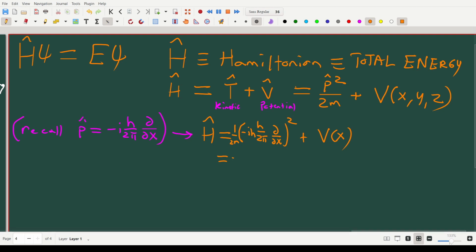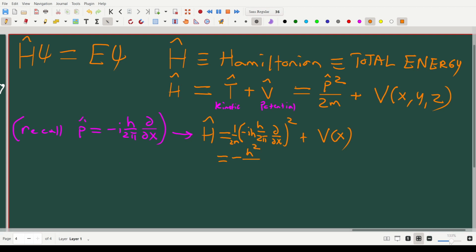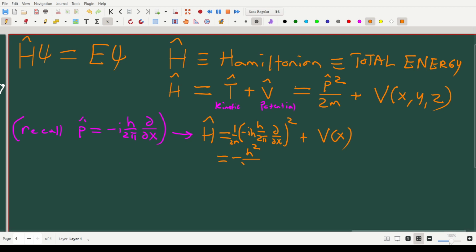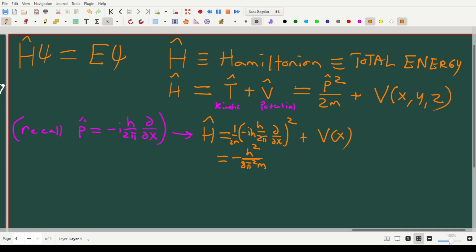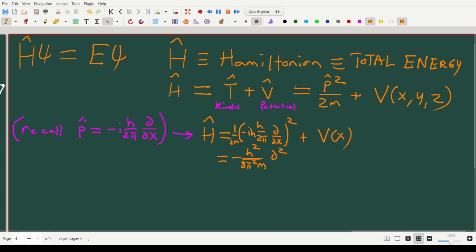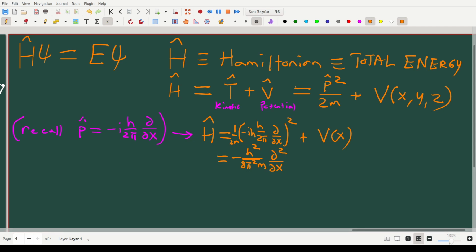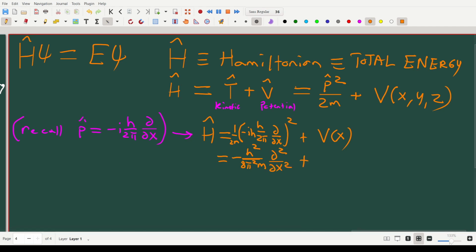So we have a net minus sign here. We have an h squared in the numerator. And then we have 2m times 2 pi squared, so that's going to be 8 pi squared times the mass of the particle m. And then we have the derivative squared, which is just the second derivative of the function, the derivative of the derivative, plus V of x.